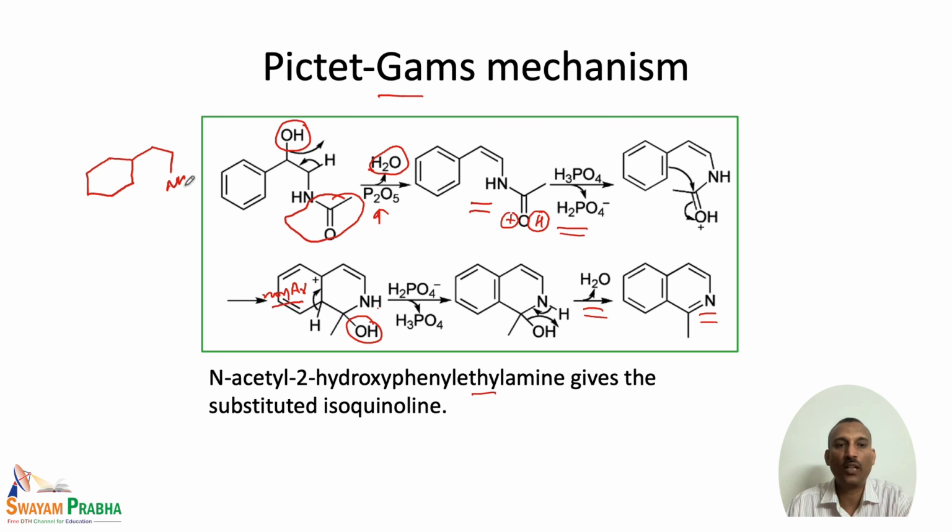This is number 1, this is number 2, and in the second position we have a hydroxy unit. So, this compound is the N-acetyl, and also we have the acetyl unit on this particular carbon. So, we have 1 hydrogen less, and we have a methyl group here. So, this compound is N-acetyl 2-hydroxyphenylethylamine, and this is the starting material for our cyclization.